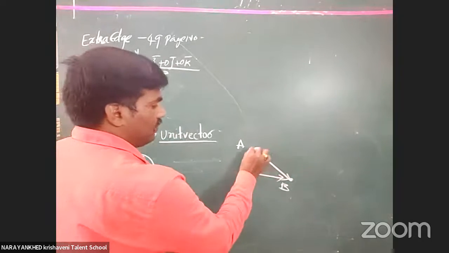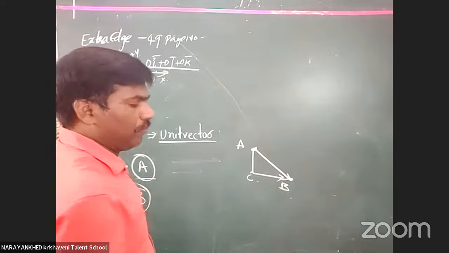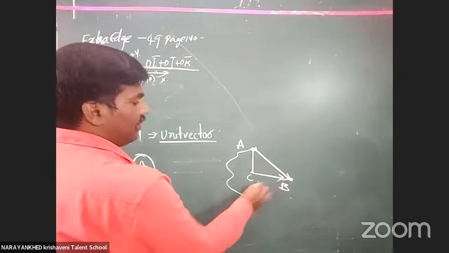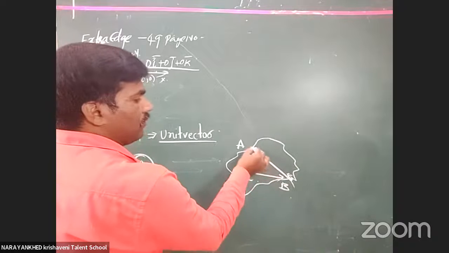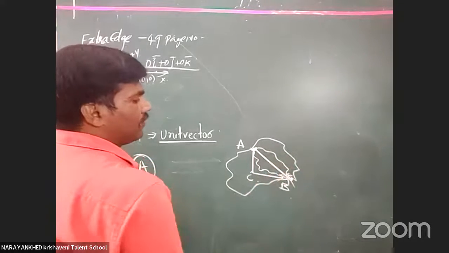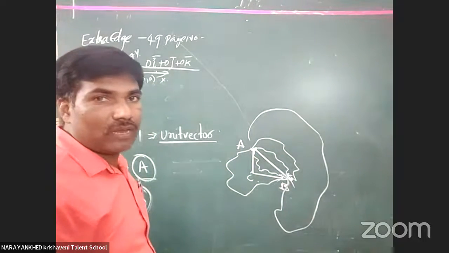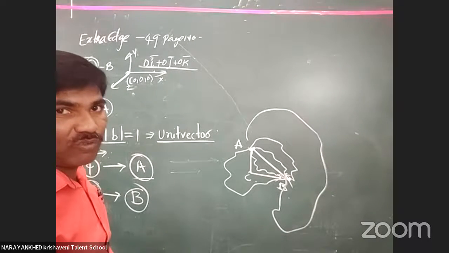What is this? This is a path from A passing through C and B. This is another path to reach B, and this is also another path to reach B. But among all these paths, which is the shortest one?